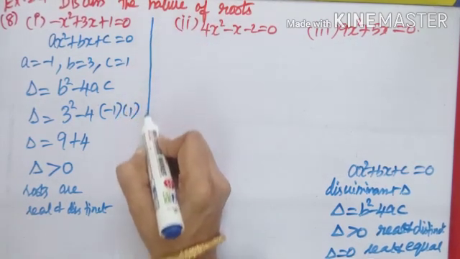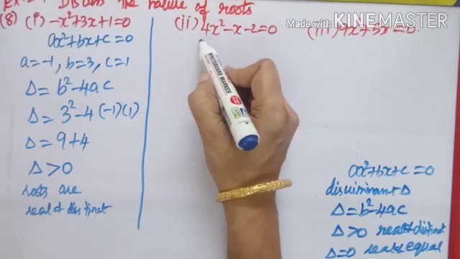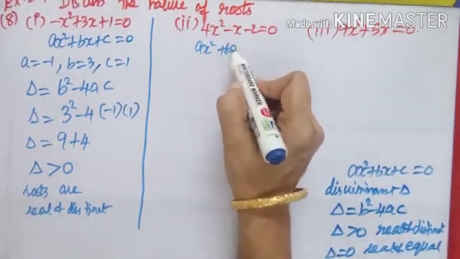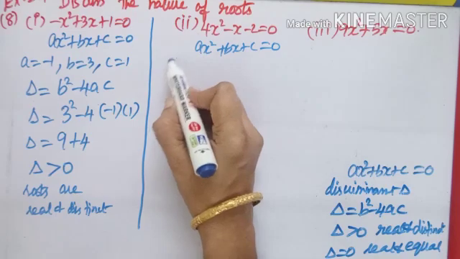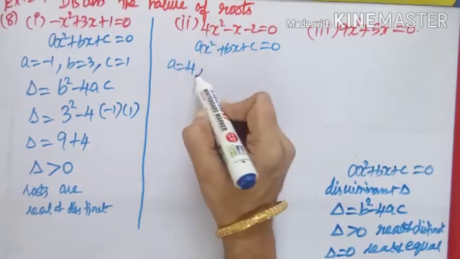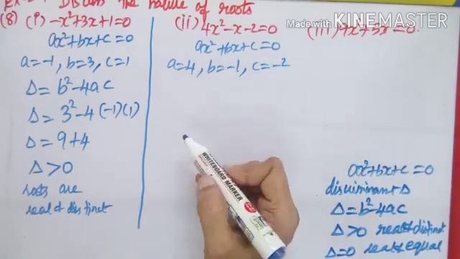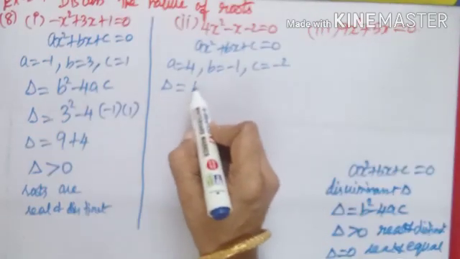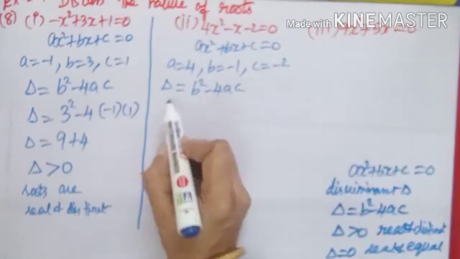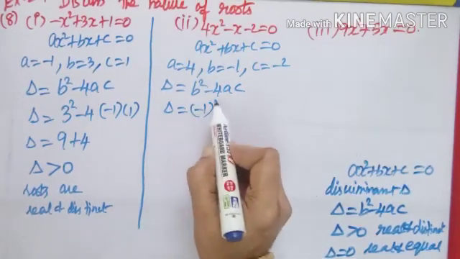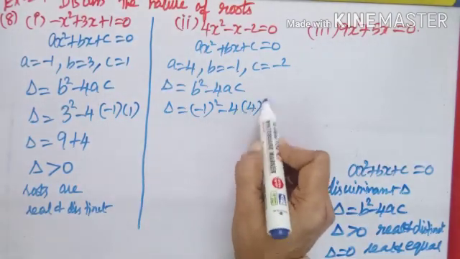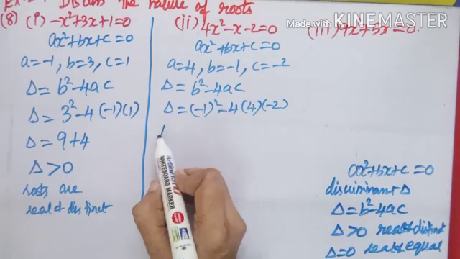Same pattern, the second problem. Ax square plus bx plus c equals 0. A is 4, b is -1, c is -2. Del is b square minus 4ac, -1 square minus 4 into 4 into -2 as we substitute.